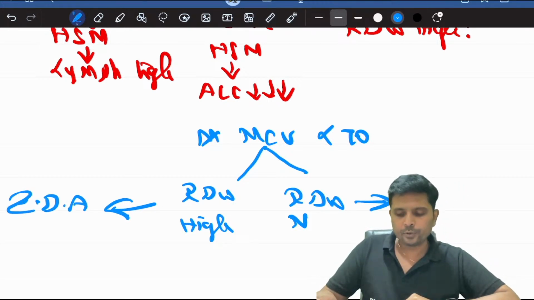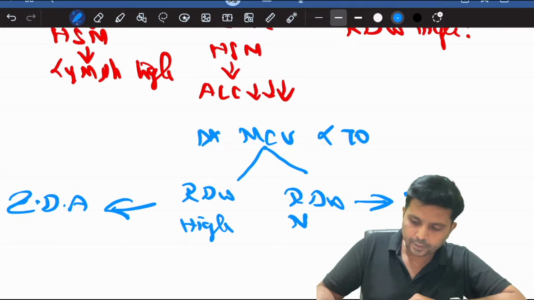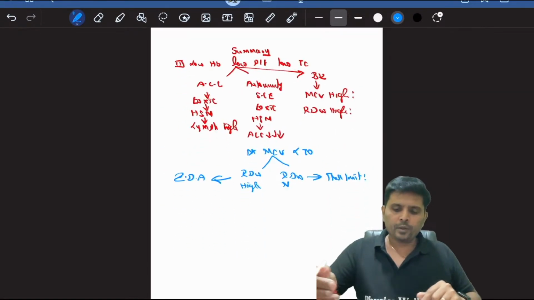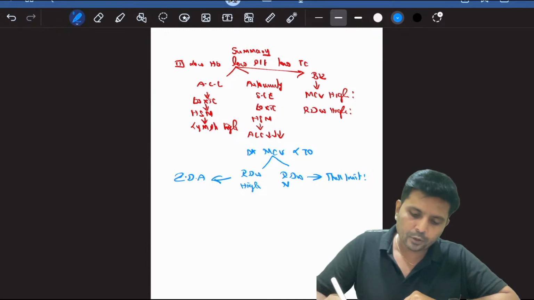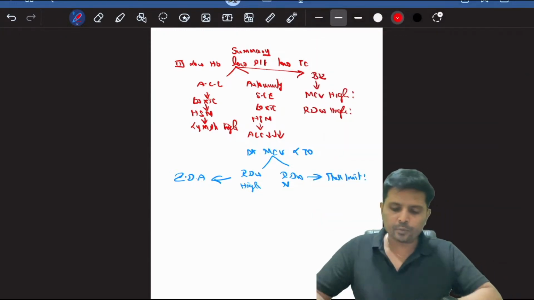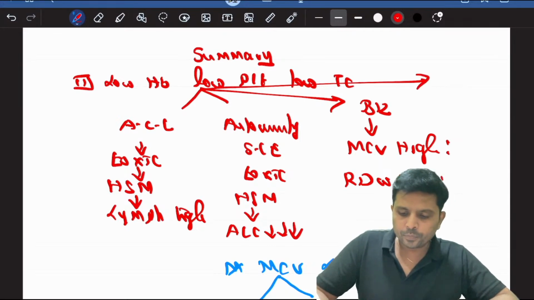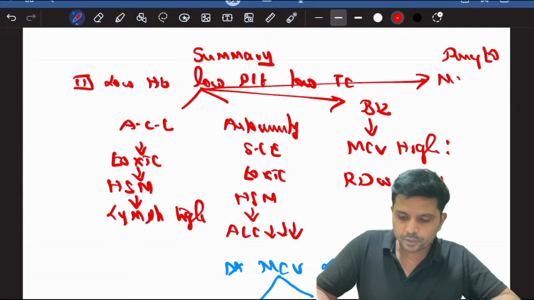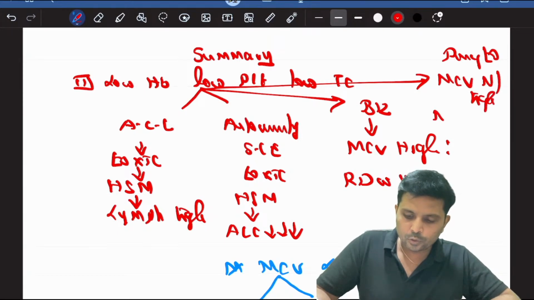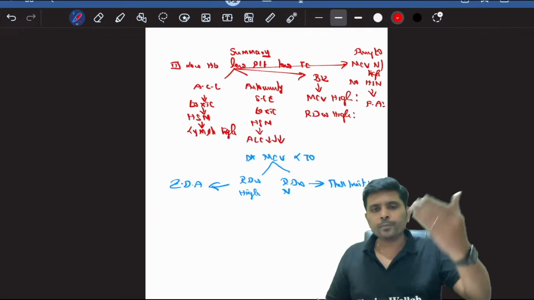Low RDW is thal trait. One more point that I forgot to mention in pancytopenia: if you have pancytopenia with MCV normal or high along with no HSM, it can be due to Fanconi anemia.